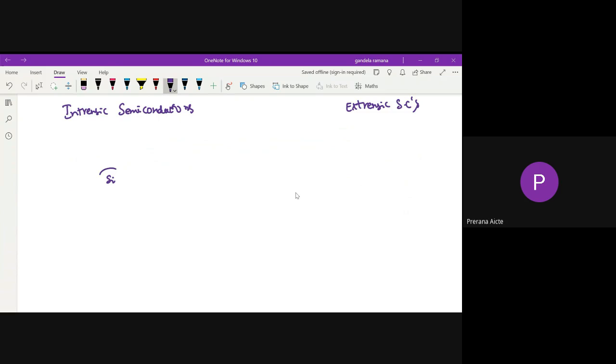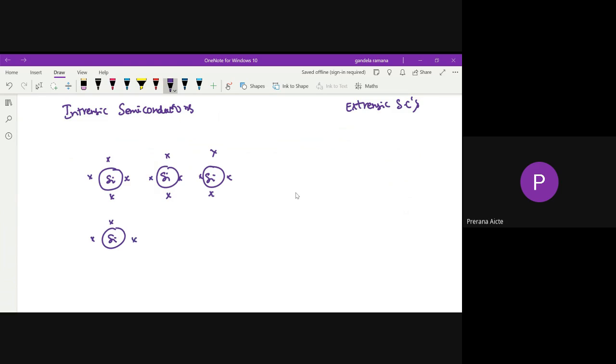This fourth group element, silicon, will have 4 valency electrons.